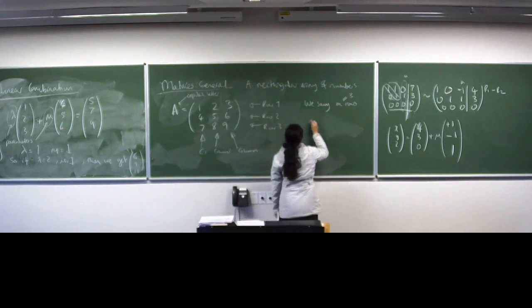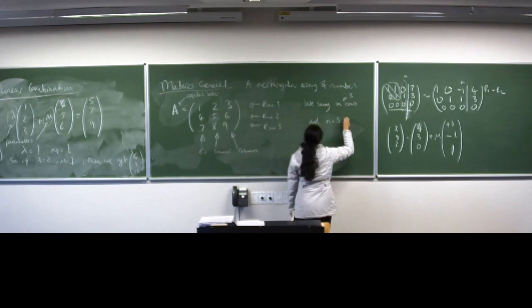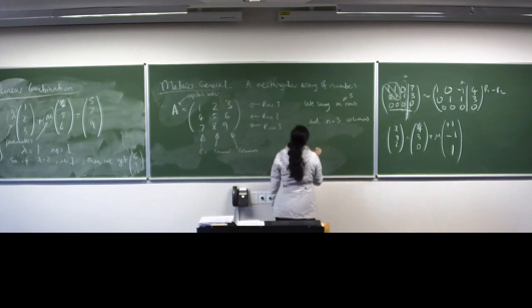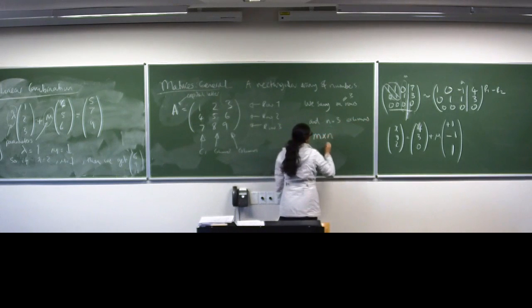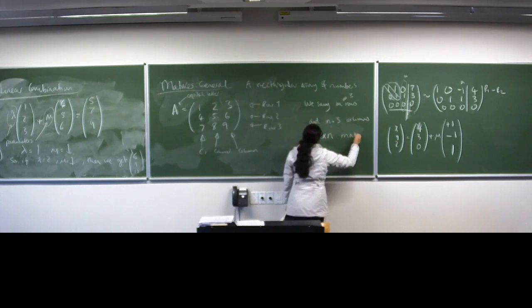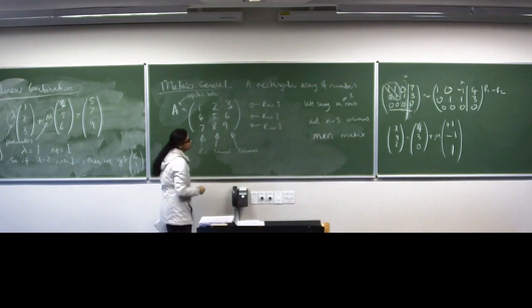Rows, and N, in this case, N is equal to 3 columns. And so when we say it, we say M by N matrix. So when we're talking about this, we say it's a 3 by 3 matrix.